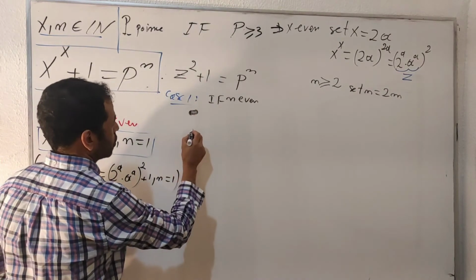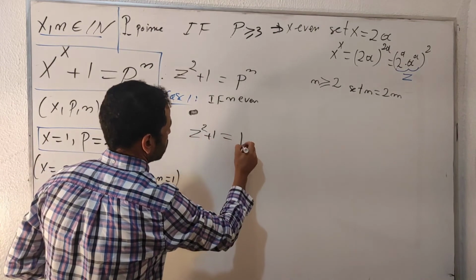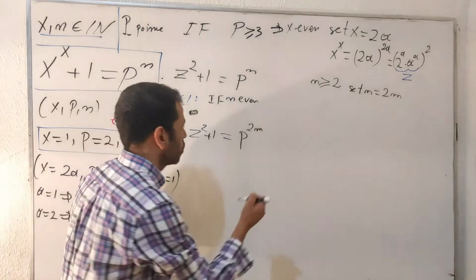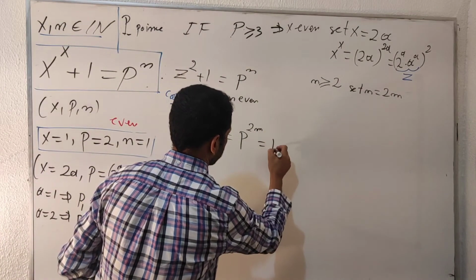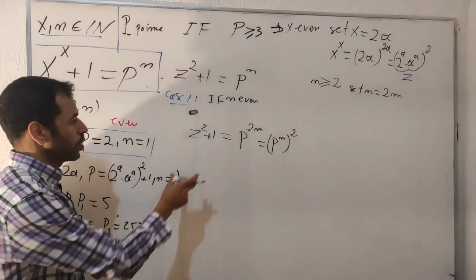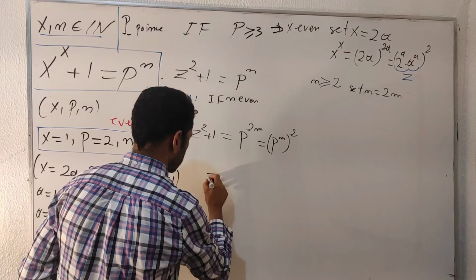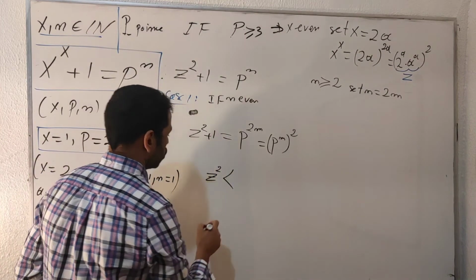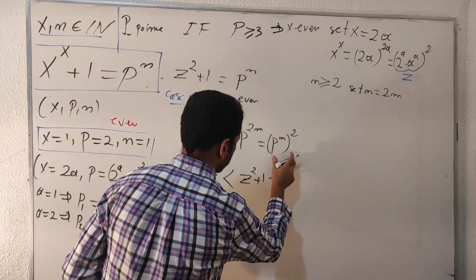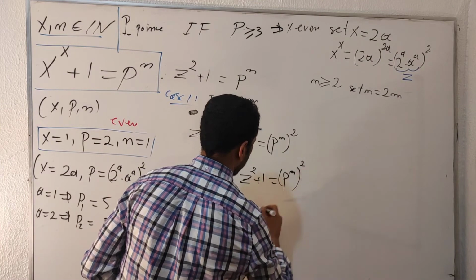So I get here z squared plus 1 equals p to the 2m, squared, which means I have a perfect square here, p to the m, raised to the power 2. But I'm going to build an inequality here. So I get z squared, which is strictly less than z squared plus 1, which equals this term, a perfect square, p to the m, raised to the power 2.